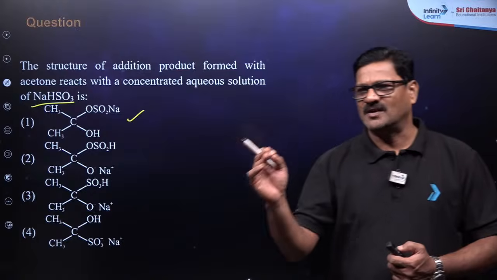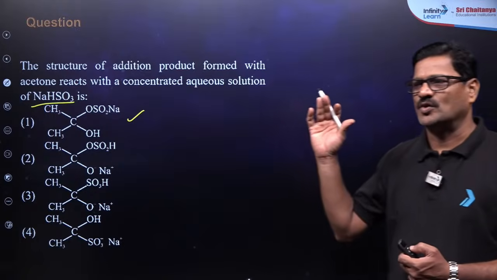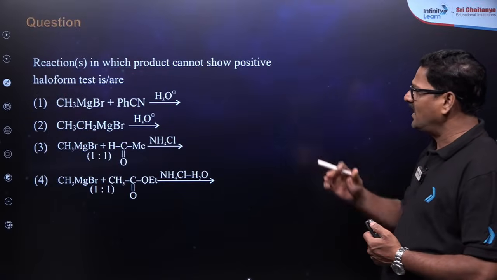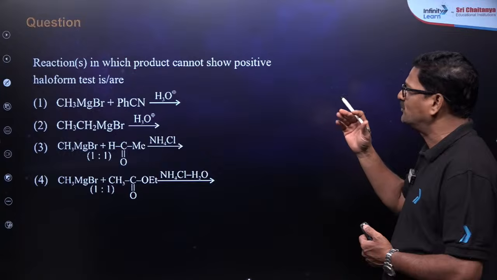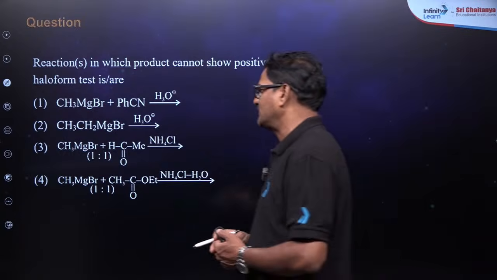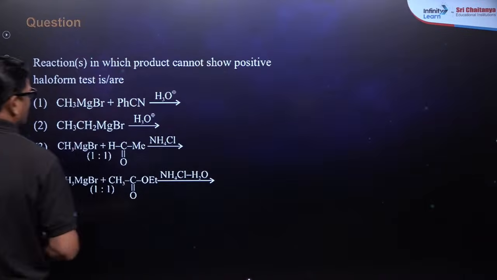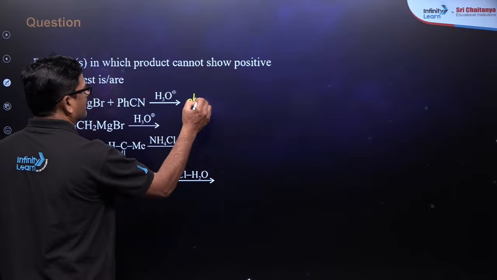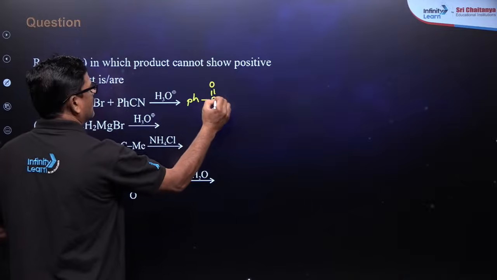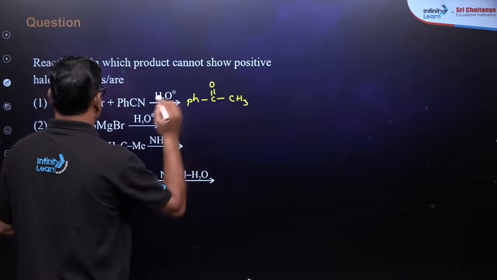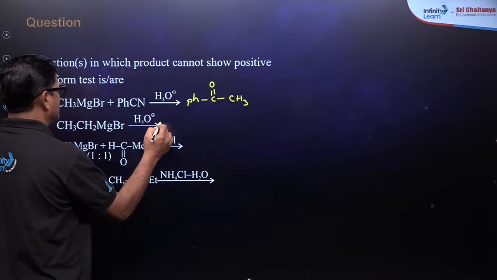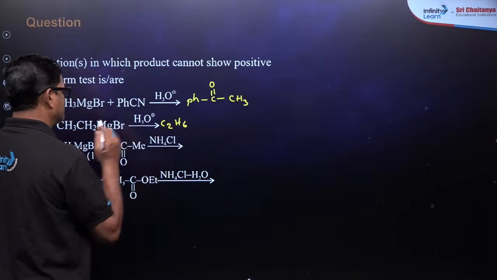That's good, wonderful, fantastic. So let us solve one more question here. The reactions in which the product can show a positive haloform test. You are going to get PhC double bond O CH3. H3O plus, C2H6 you are going to get.